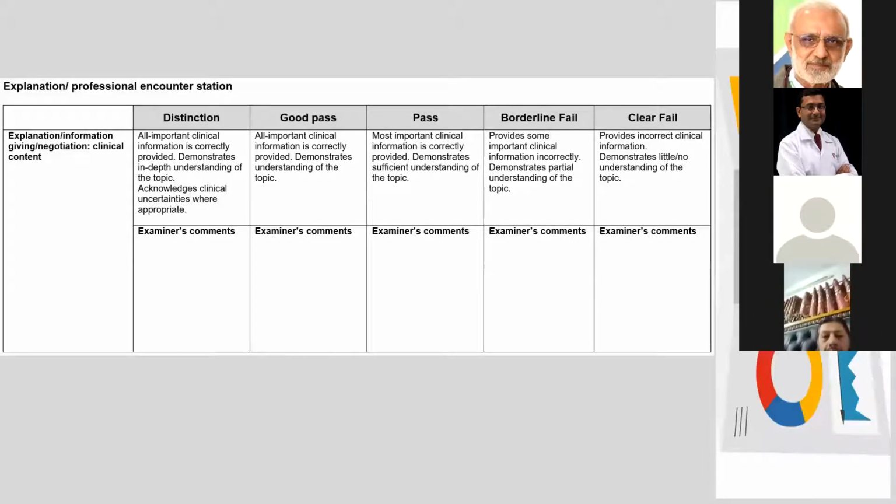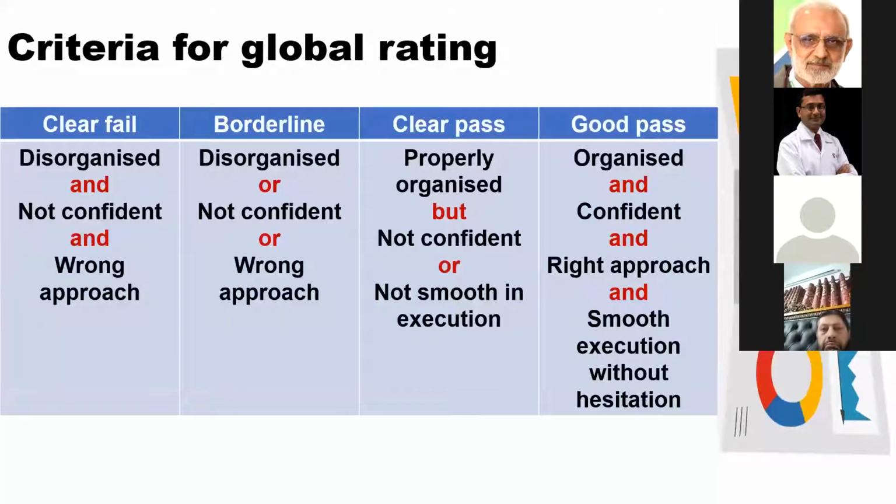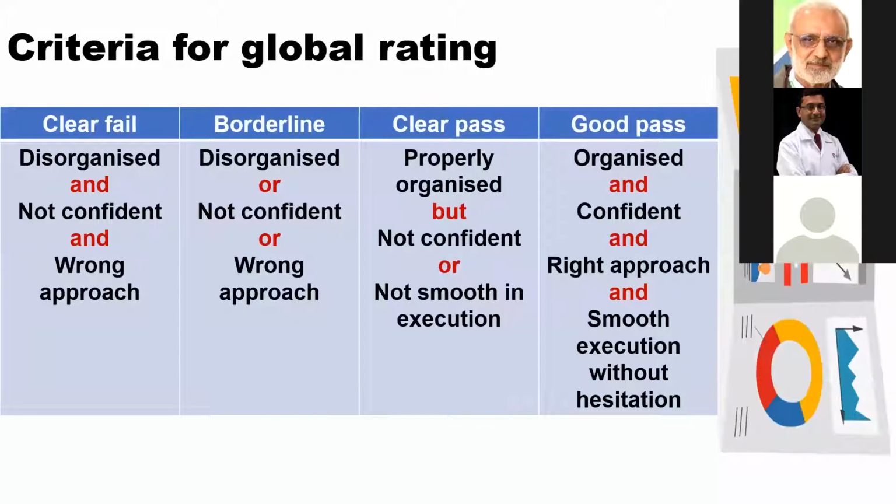The point here is to differentiate between a borderline fail and a clear fail candidate. Here is another example. A clear fail candidate is defined as disorganized, non-confident and with a wrong approach, whereas borderline is either disorganized, or not confident, or not the right approach.